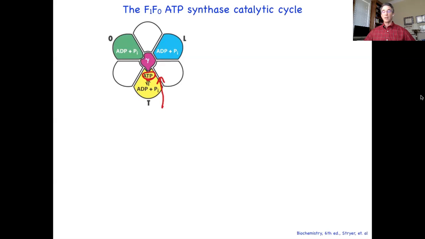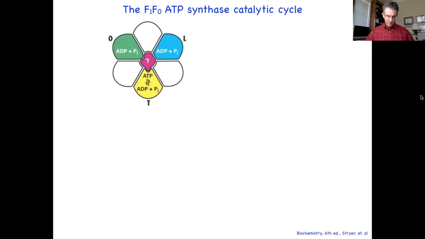So while bound, it can shift the energetic balance much more into ATP. The trick now is the asymmetry we talked about at the interface between the gamma stalk and those three different subunits. The gamma stalk interacts with the beta subunits in three different ways, and that interaction and its position govern whether the subunit is in the O, the L, or the T state.